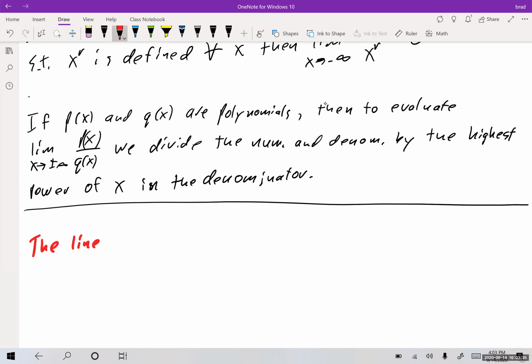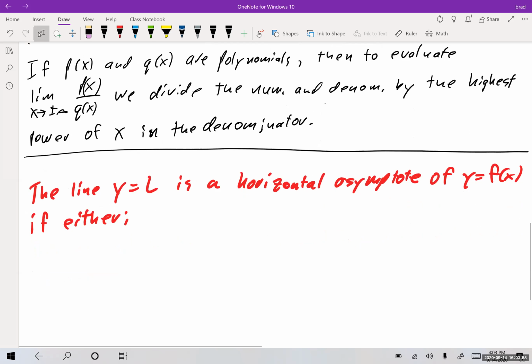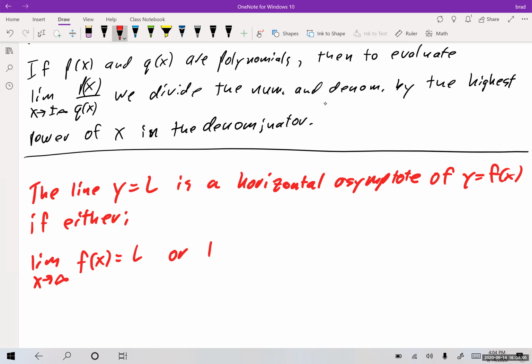The line y equals L is a horizontal asymptote of y equals f of x if either of these following things happen: the limit as x approaches infinity of f of x equals L, or the limit as x approaches negative infinity of f of x equals L.